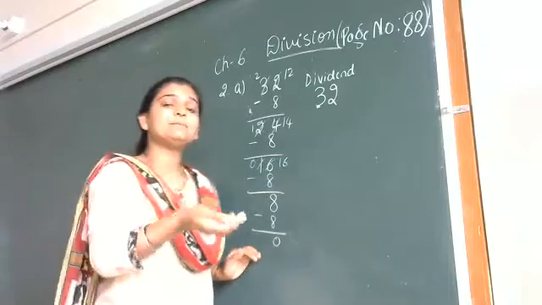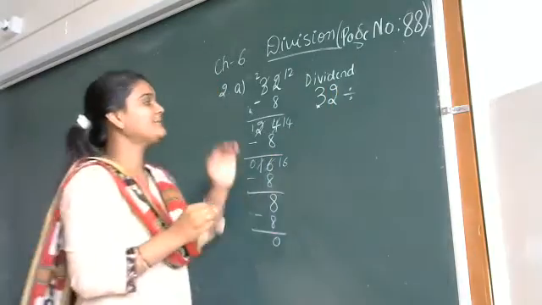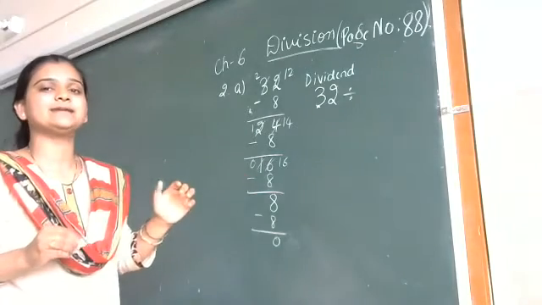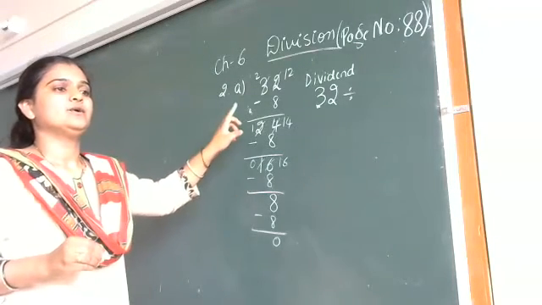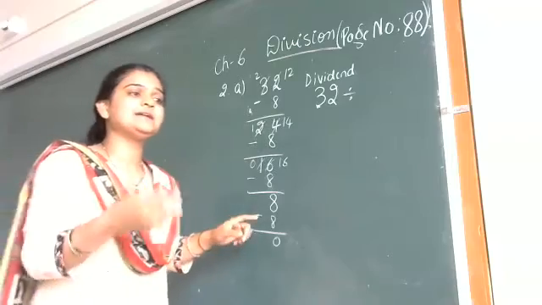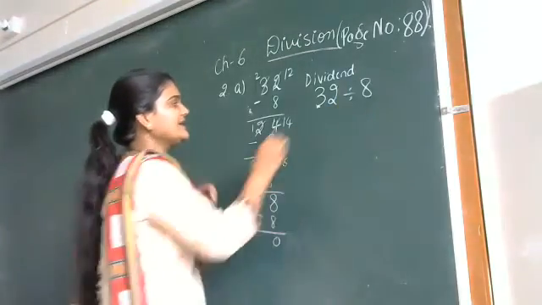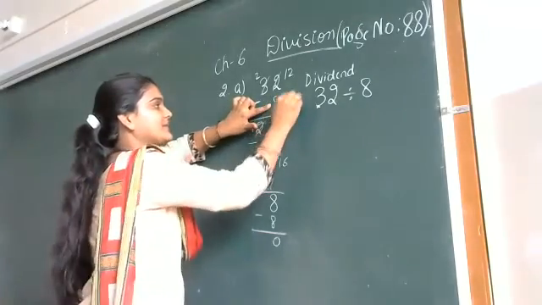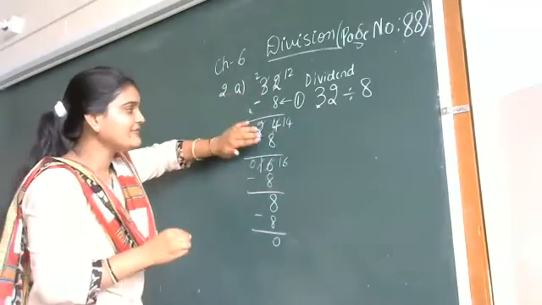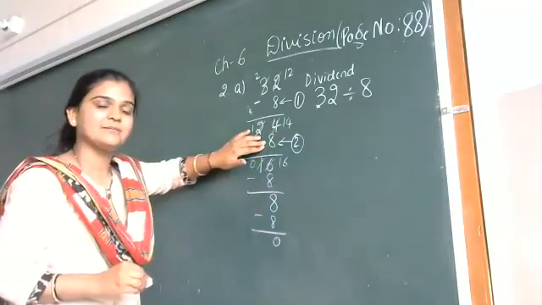But by what number is it undergoing subtraction? Which number is repeatedly being subtracted? 8. Yes. See here, we have subtracted 8 the first time. Again we have subtracted 8, which is our second time.